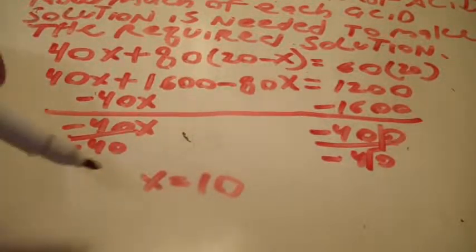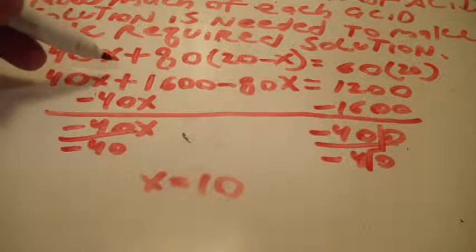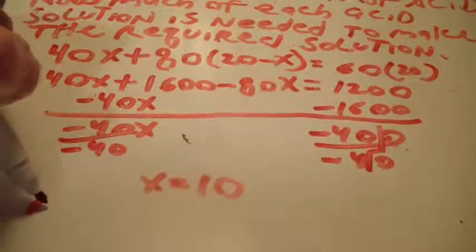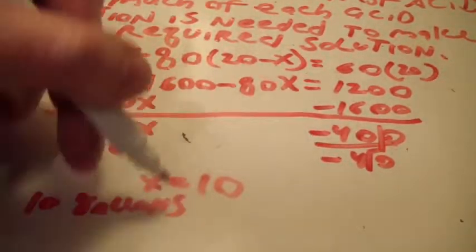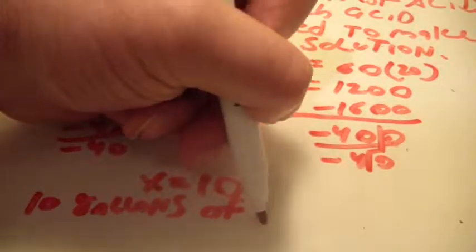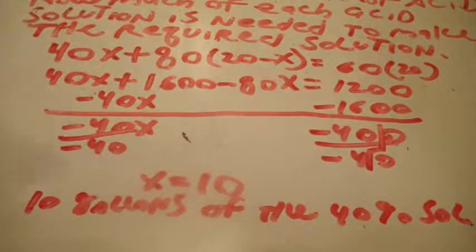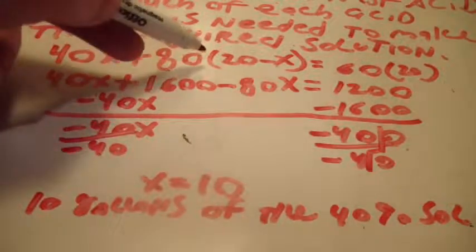X equals 10. So now we know that x equals 10. We could put x here. So we know we need 10 gallons of the 40% solution.